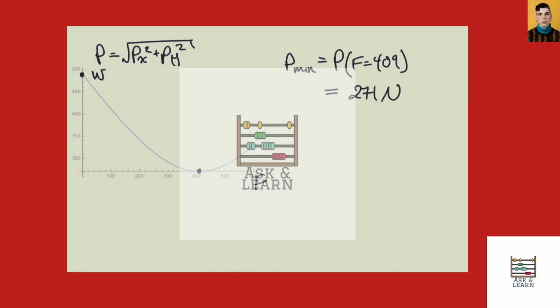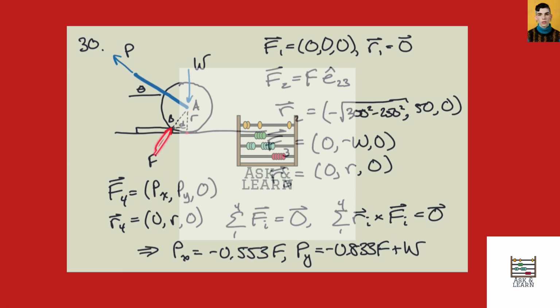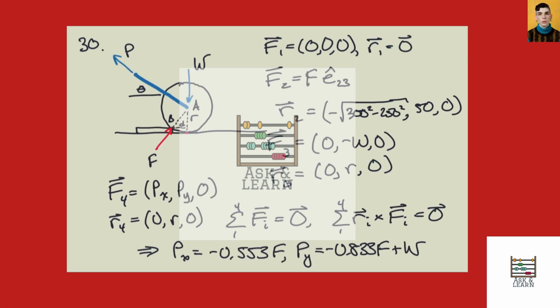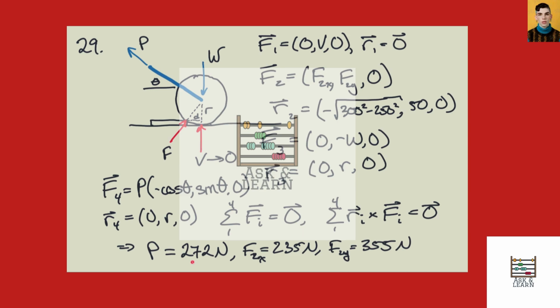And more importantly, it has a minimum. We can figure out the F, the magnitude of this force, when that minimum occurs. And then we can plug that in and figure out that the minimum force is 271 newtons, which is obviously less than 272 newtons, but fairly close.